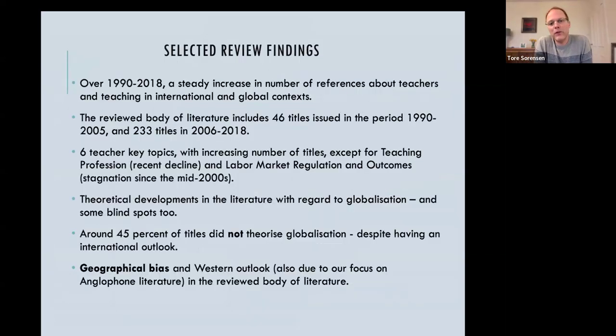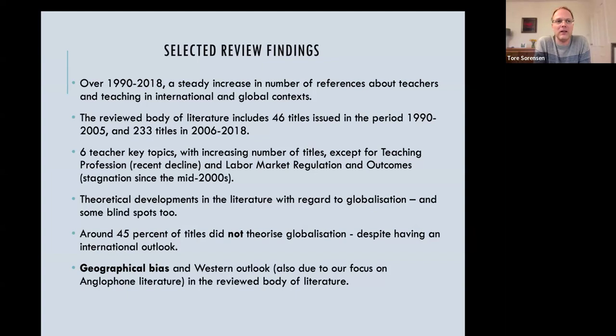So, selected review findings. We could look into the development of the literature over time. And actually that corresponded with what we thought beforehand, but now we had much more substance to our argument: it has increased in all sorts of ways, especially over the past two decades.